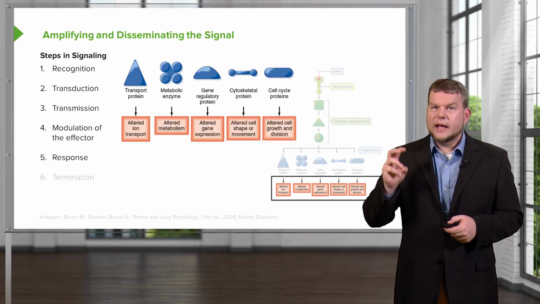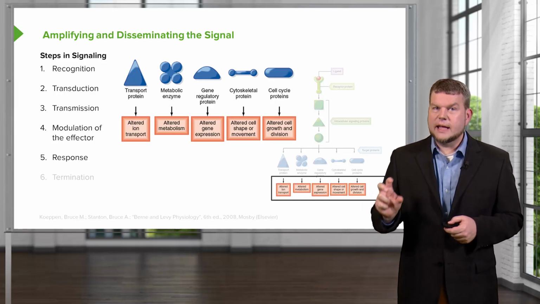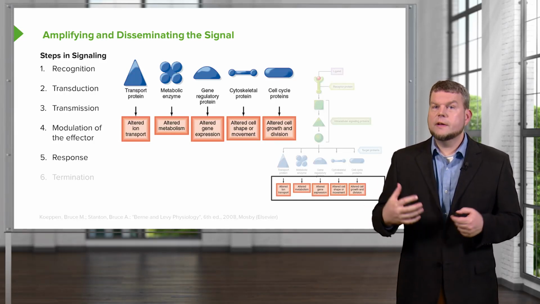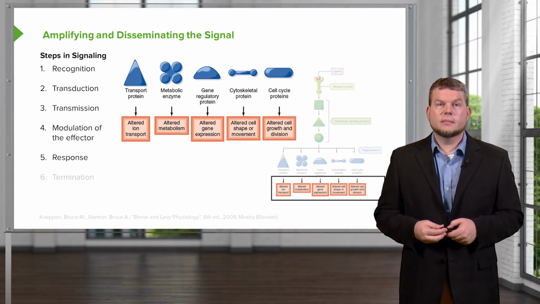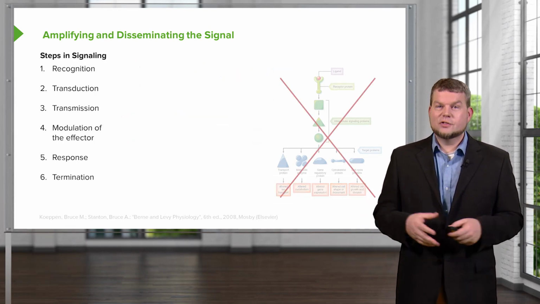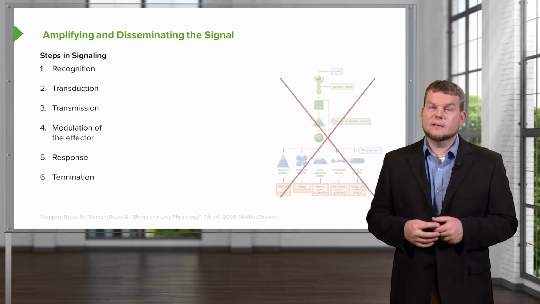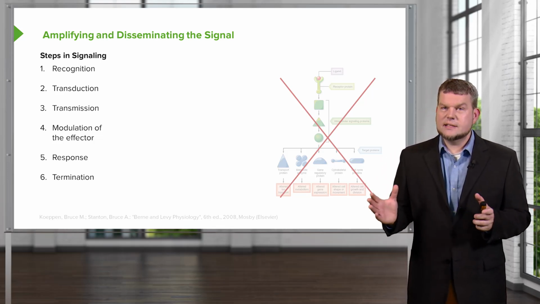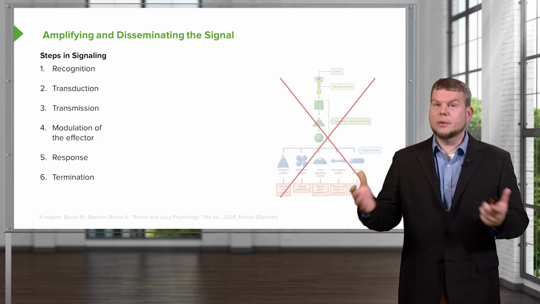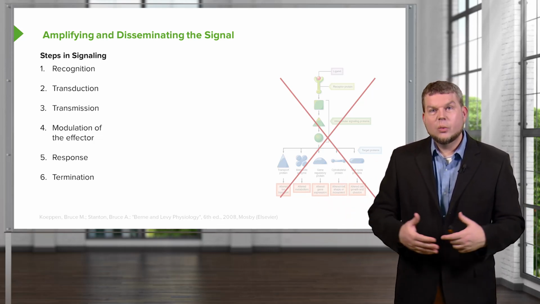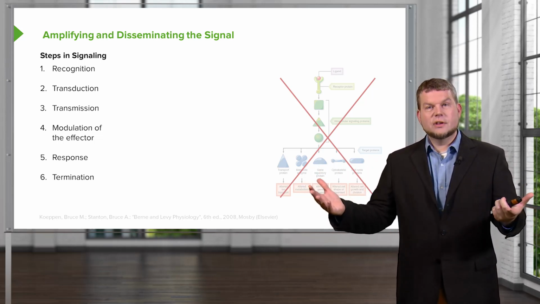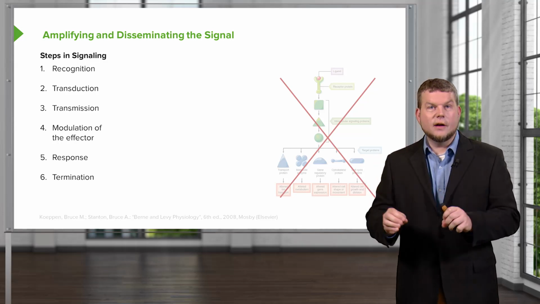Interestingly though, once you have these effects that happen, you're going to have to eventually turn the whole process off. So you're going to have to be able to terminate this particular cell signaling. If you don't terminate the cell signaling, it will keep going and going and going. And so even though you wanted to amplify the signal initially, eventually you have to turn it off.